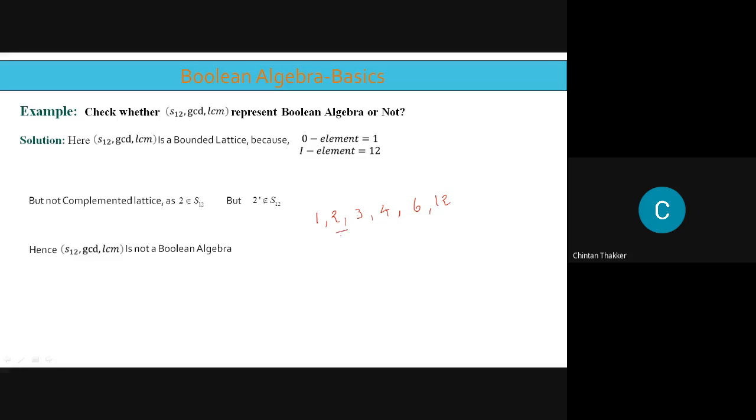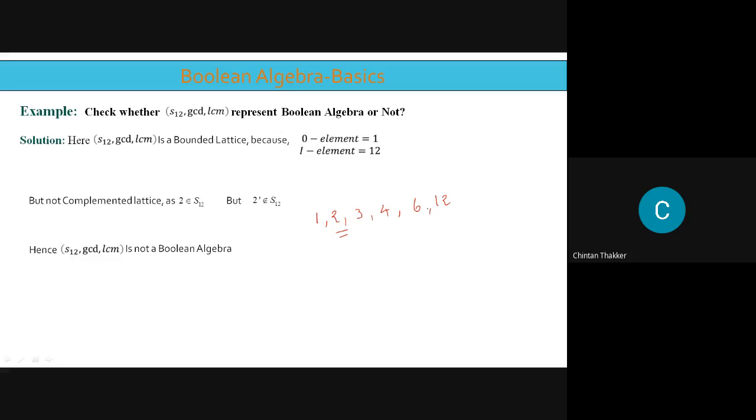So here, if we take 2: 2 and 1 have GCD 1 but LCM 2. 2 and 3 have GCD 1 and LCM 6, not 12. 2 and 4 have GCD 2, not 1. 2 and 6 have GCD 2, not 1. 2 and 12 have GCD 2.